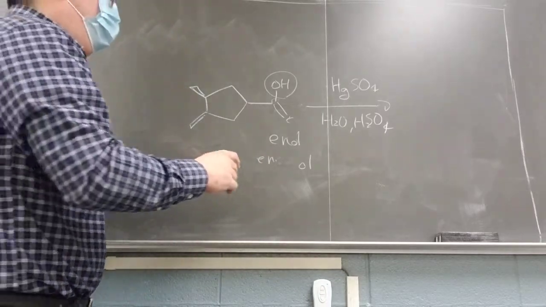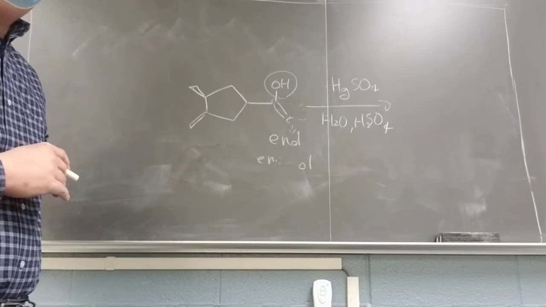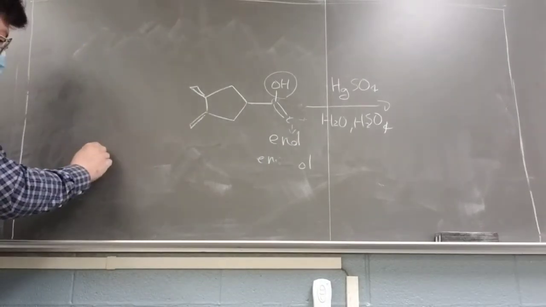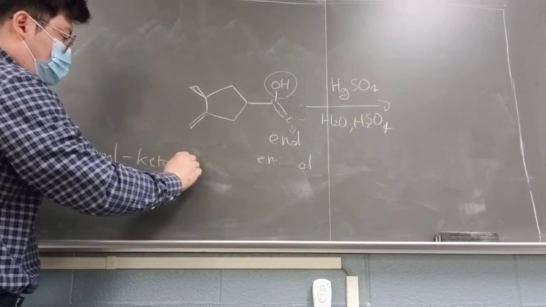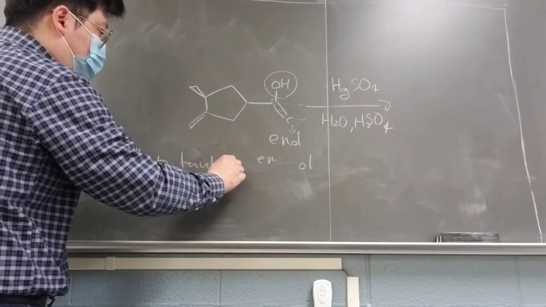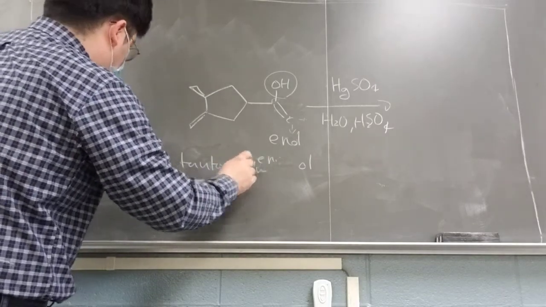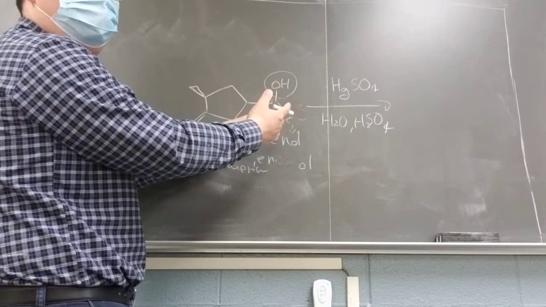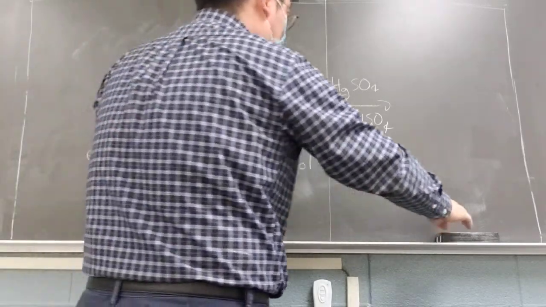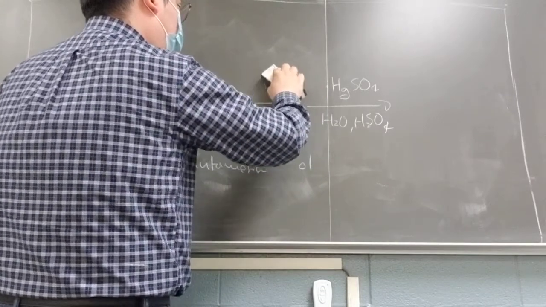But because of the, do you guys remember this? Enol-keto tautomerism. Okay, tautomerism. So when they form the enol, they go back to the ketone position.